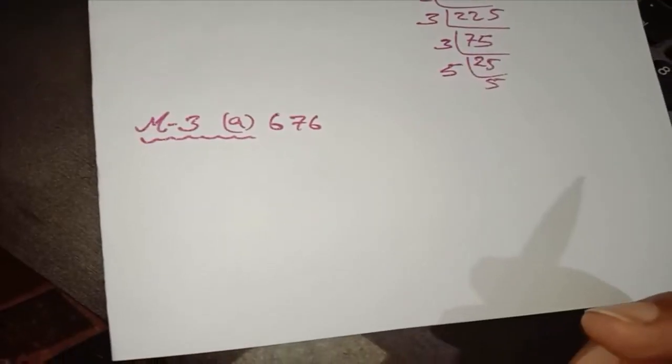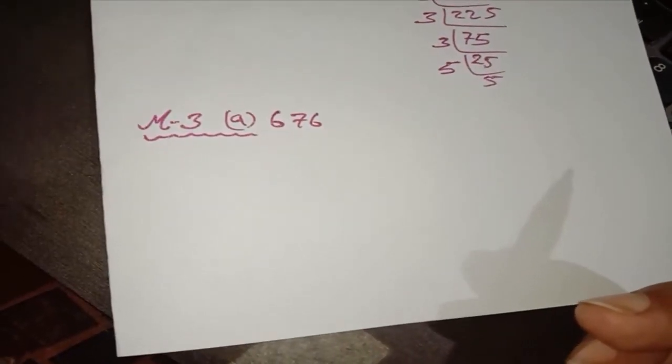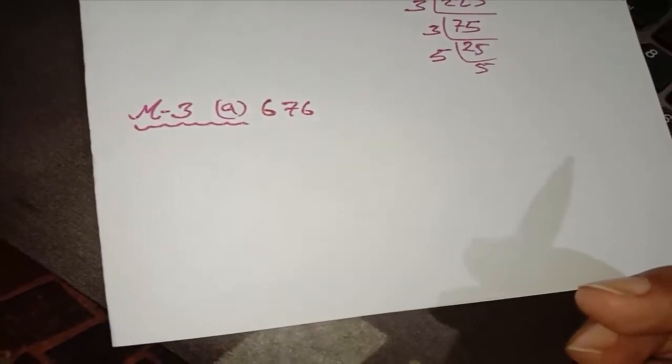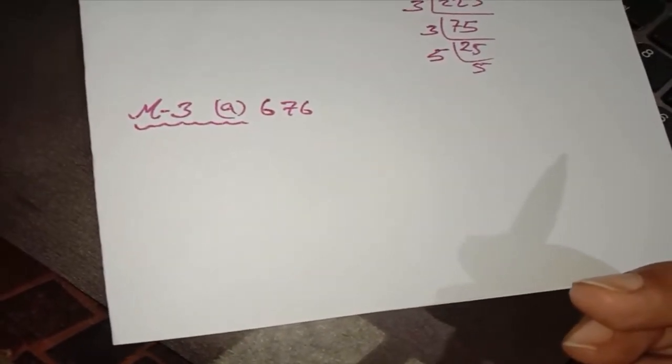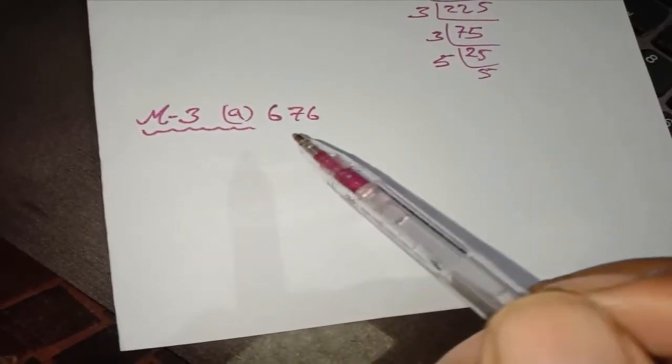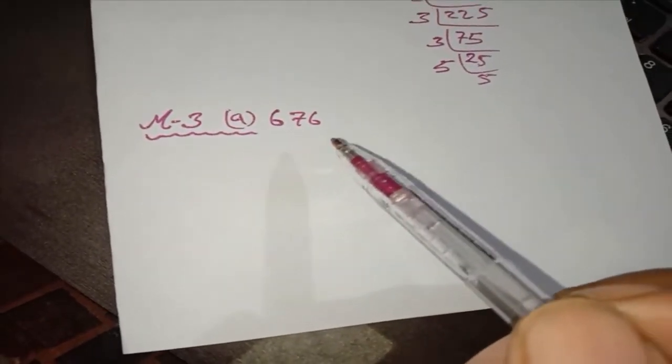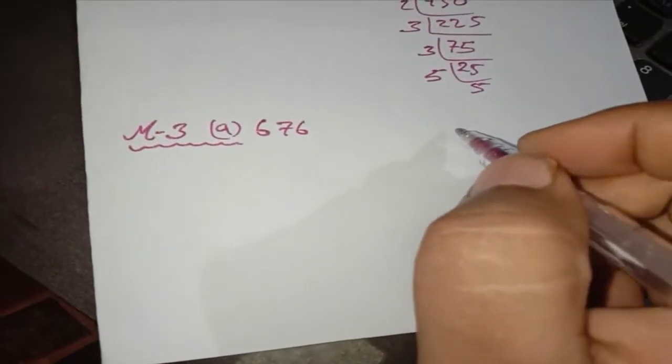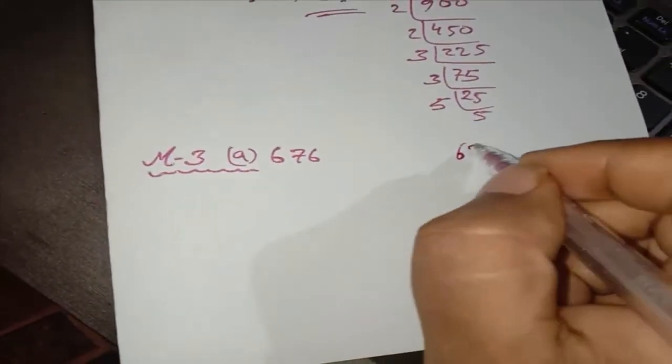Now let us consider module number 3. Find the prime factors and represent as exponential form of a single term. So we are considering question number A, 676. First of all, we will do the prime factorization.